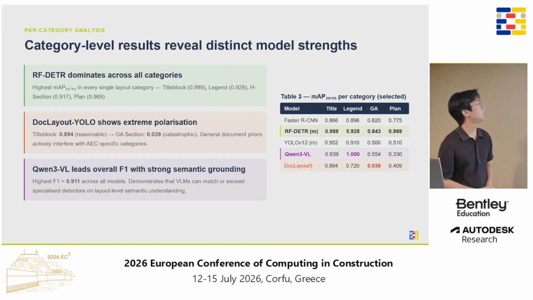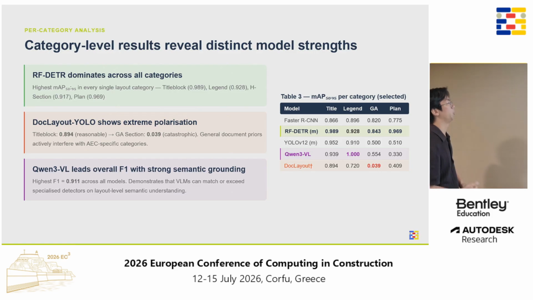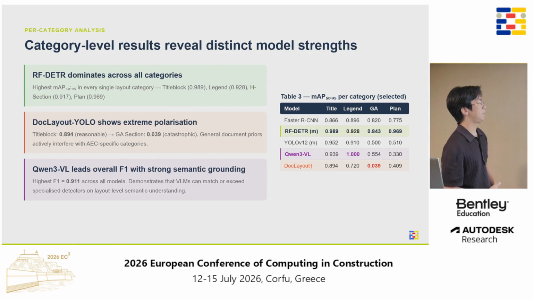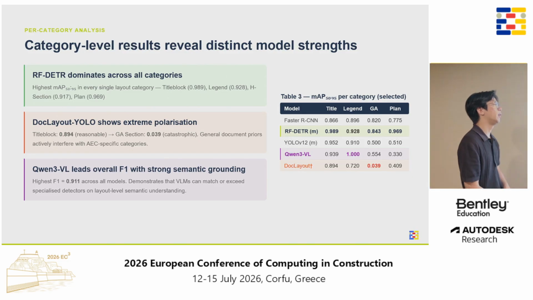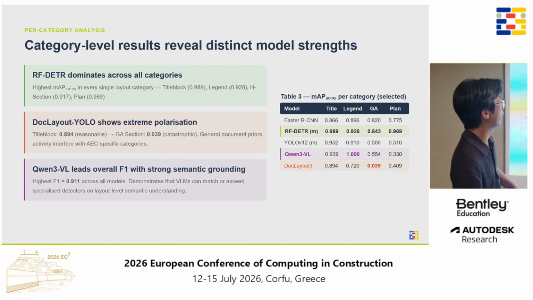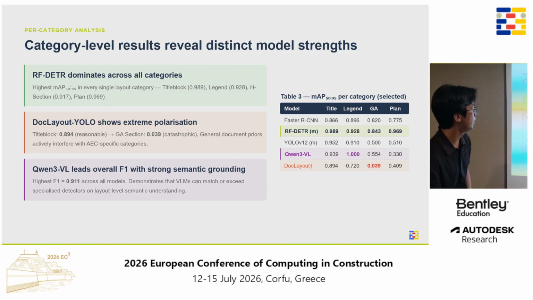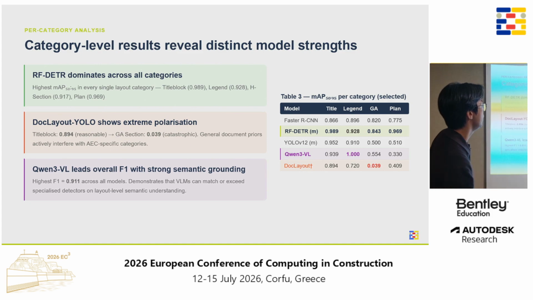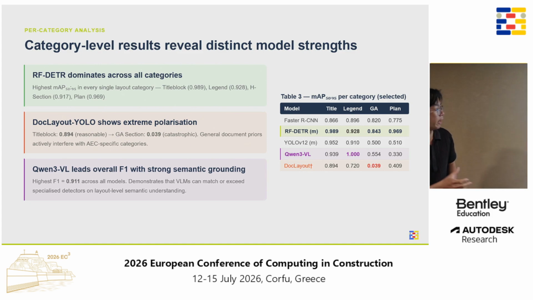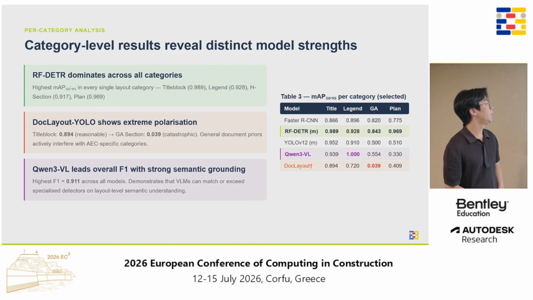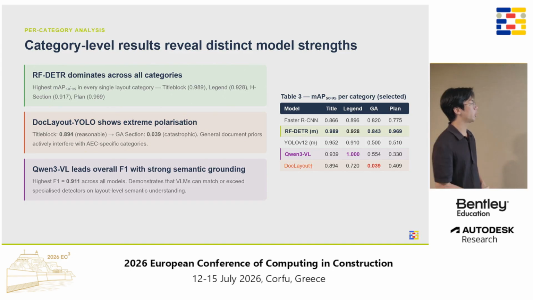And here are some category-level results that reveal the distinct model strengths. So you can see, as before, the detection transformer dominates across all categories. It basically achieves the highest accuracy, like mean average precision, in basically every category. And DocLayout-YOLO shows extreme polarization.